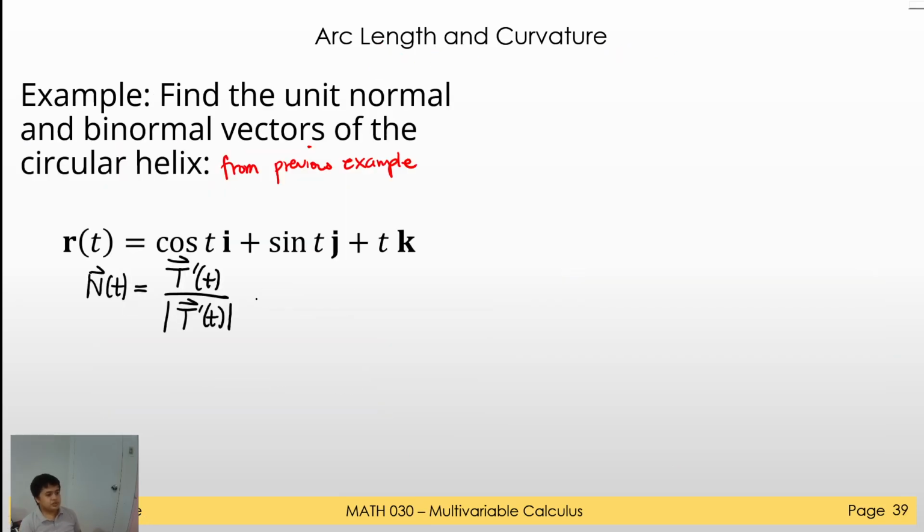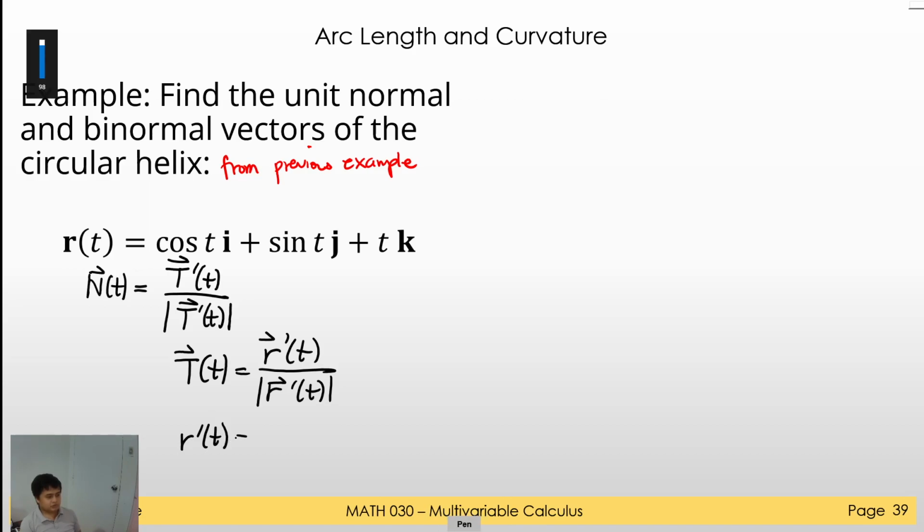So for this given problem, we want to solve first for the unit tangent vector. The unit tangent vector is equal to r prime of t over the length of r prime of t. So what is r prime of t? This one I remember solving already.